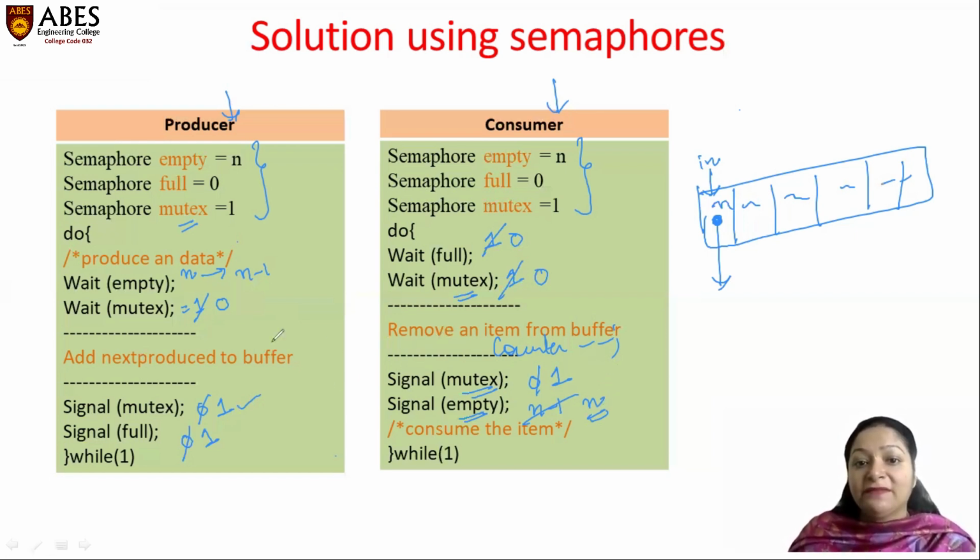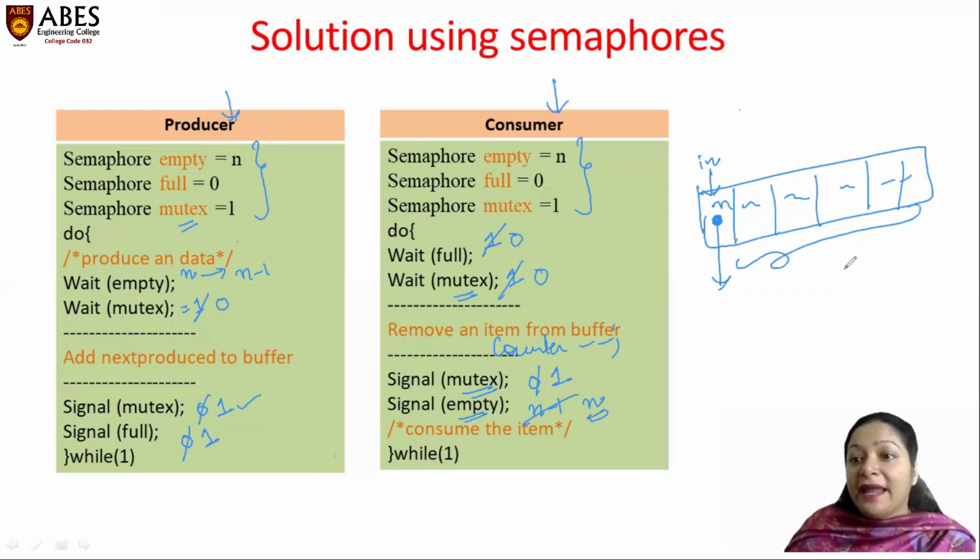This is one case when producer and consumer are alternatively using the mutex lock and producing and consuming the item alternatively, right? So the second case is that when the producer keeps on producing the item. So how many times can the producer run?